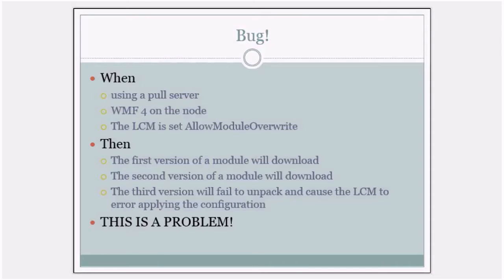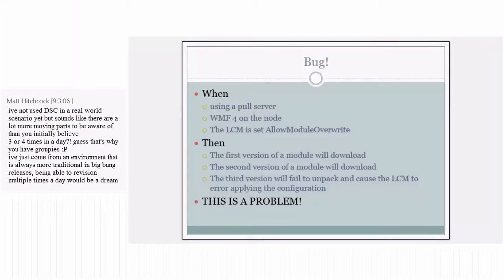So back to the bug. Setting the local configuration manager to allow module overwrite allows it to overwrite the existing module with the newer one. Well, in actuality, what it was doing was taking the existing module, renaming it _temp, and moving the new module into place. And it never cleaned up after itself.